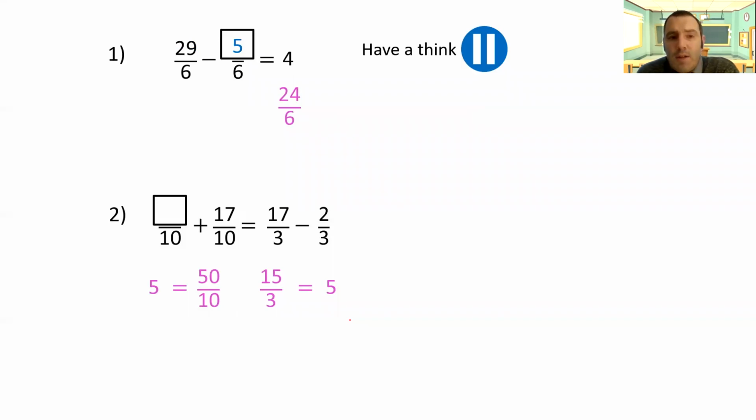I can do this by doing 50 take away 17. So I can't take 7 away from 0, so I need to exchange down. 7 from 10 leaves me with 3. 4 take away 1 leaves me with 3. So my answer was 33.